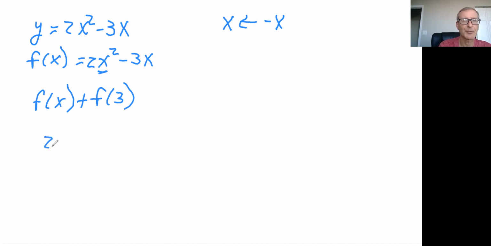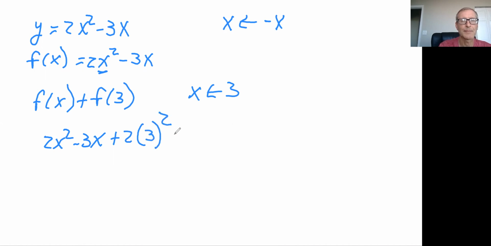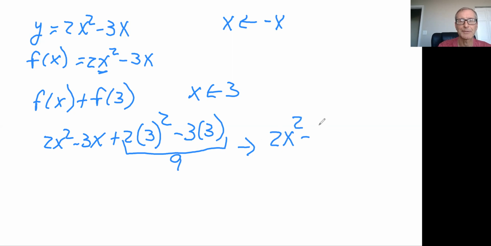So that's just the same equation, 2x squared minus 3x. And what we mean here is wherever we see x, we're going to plug in the number 3. So that would be plus 2 times 3 squared minus 3 times 3. And we did that before. If you add all this up, what do we get? It would be 18 minus 9, which is 9. So our solution would be actually taking that original equation and adding 9 to it at the end.